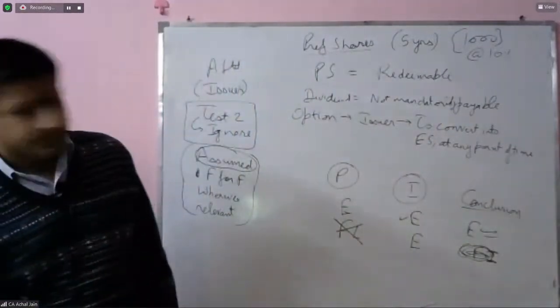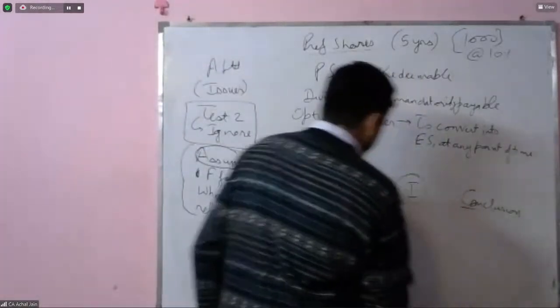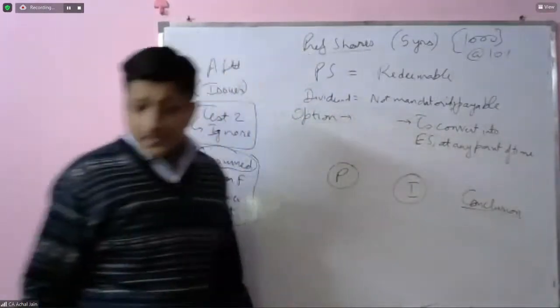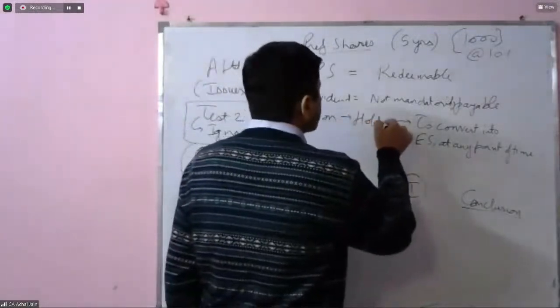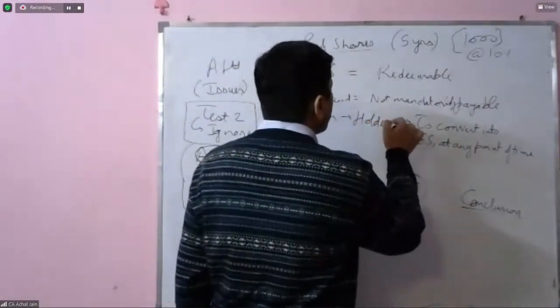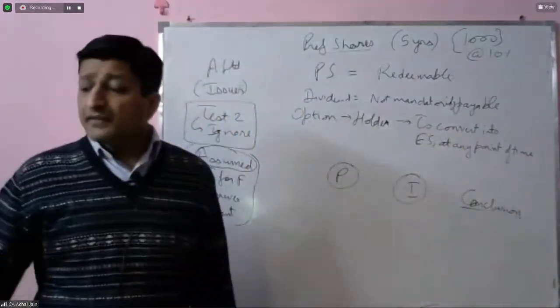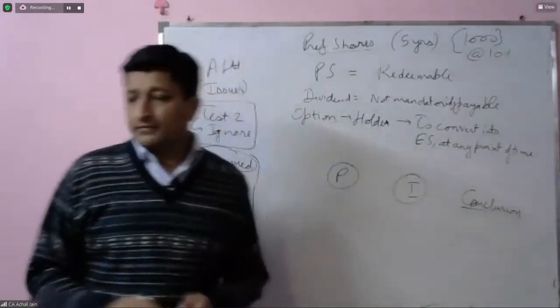Okay, yeah. So let's change the facts now slightly. Let's suppose instead of the issuer, the holder has this option. Let's suppose this option is with the holder only. This option is not there with the issuer. This option is with the holder only.